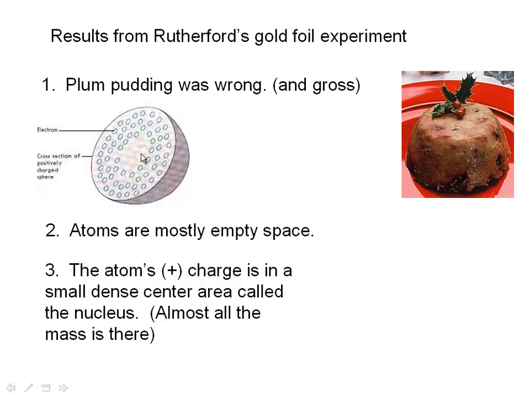So instead of having a wide spread out positive charge, you have the picture you see in your notes in the lower right hand corner, where that positive charge is just in a tiny little spot in the middle. Most of the atom is empty space except for this very, very tiny sphere in the middle that has a positive charge, which we now know as the nucleus. So again, Rutherford did not discover the proton, but he did discover the nucleus and the fact that it has a positive charge. So that's the gold foil experiment.